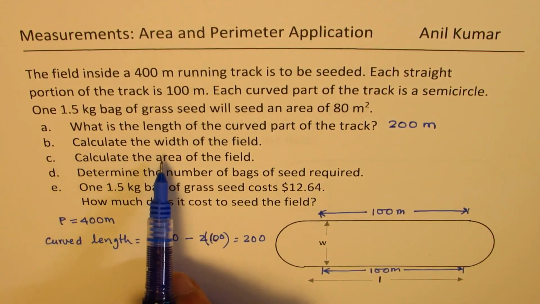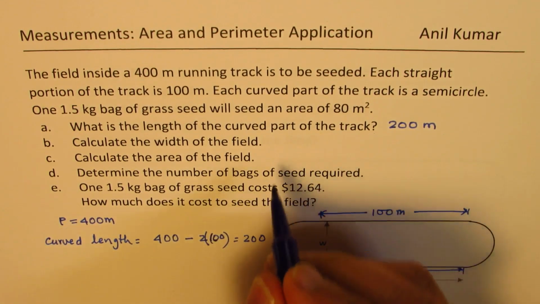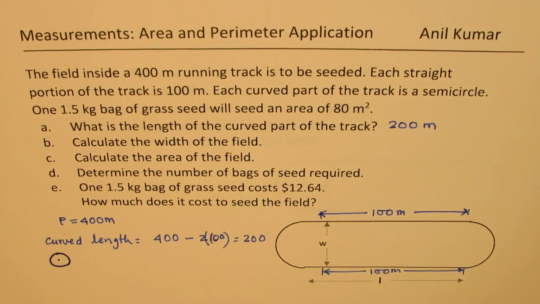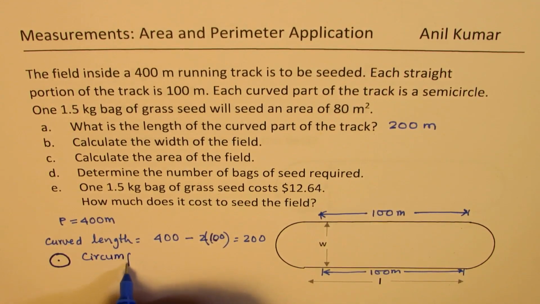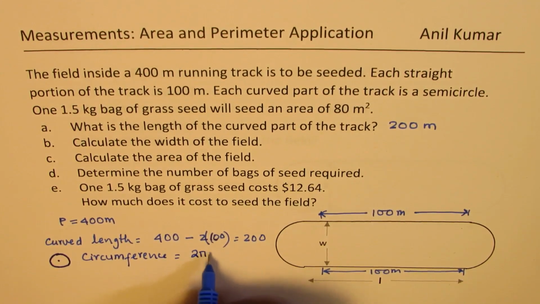Part B is calculate the width of the field. So let W be the width. Now, since we know that the circumference is how much? The circumference for a circle is 2 pi r, right?